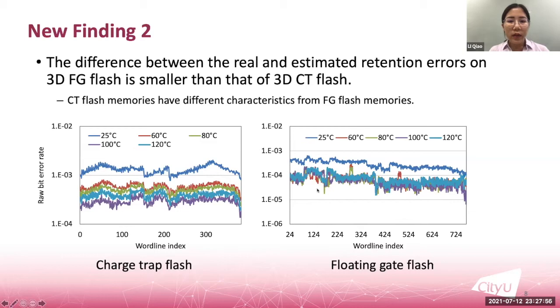This is because the retention acceleration method was developed in the 2D flash generation, where most flash chips are based on floating gate cells, while today's 3D NAND flash memories mostly adopt charge trap technology as the fundamental flash cells. The acceleration parameters and models that used to be adopted on 2D floating gate flash chips introduce less deviation on 3D floating gate flash than on 3D charge trap flash.